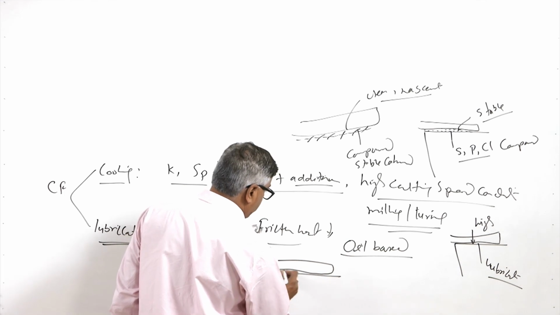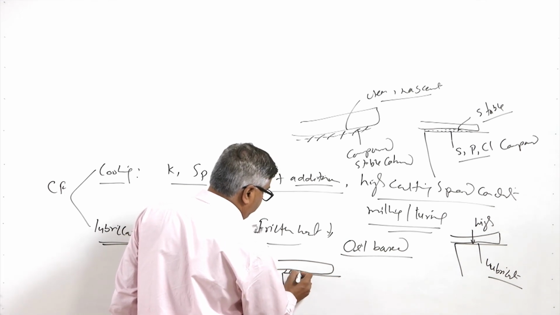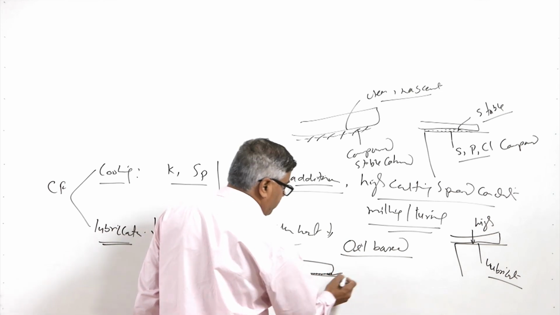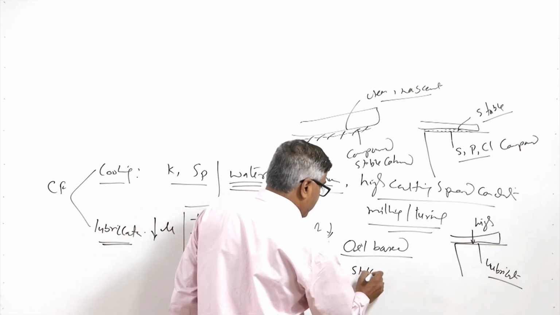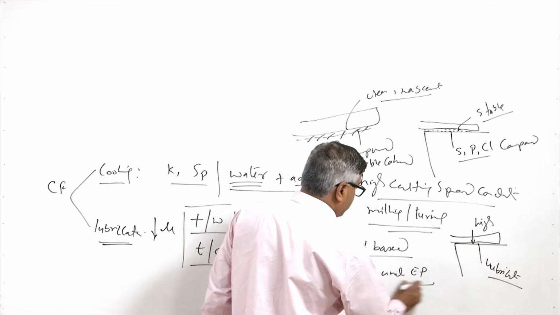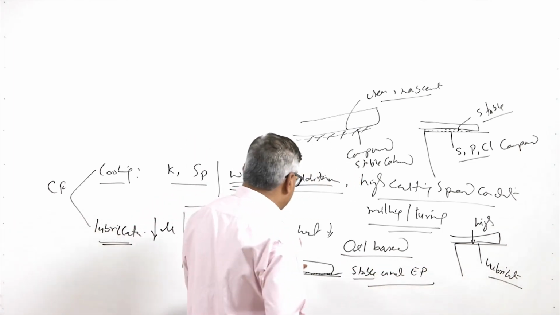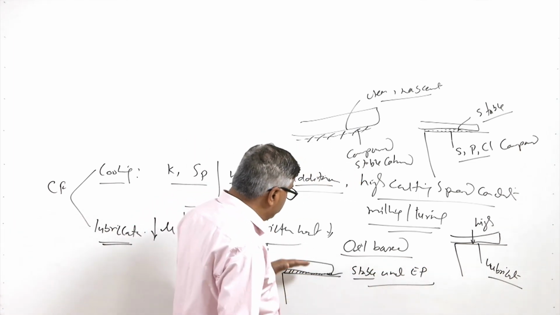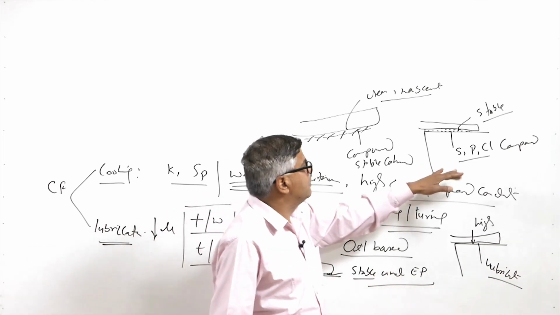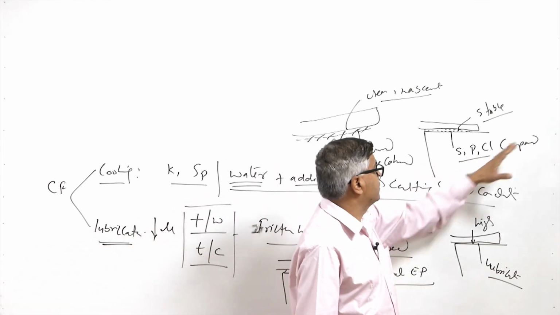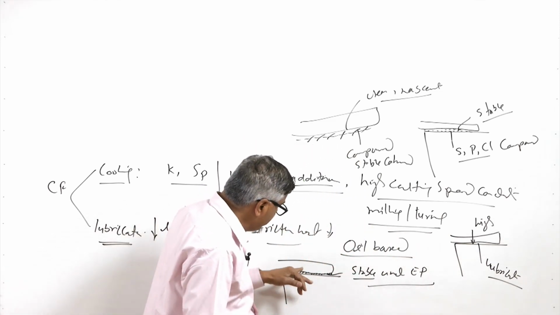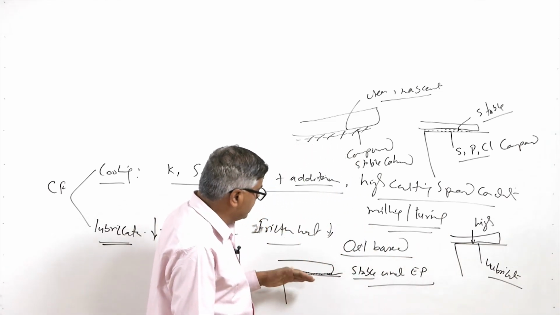Say this is the chip, and if the compounds are being formed on the underside of the chip, these compounds will be stable and coherent even under extreme pressure conditions. That is why, when such compounds are formed in the presence of sulfur, phosphorus and chlorine in the oil based lubricants, they will be able to separate the contact.